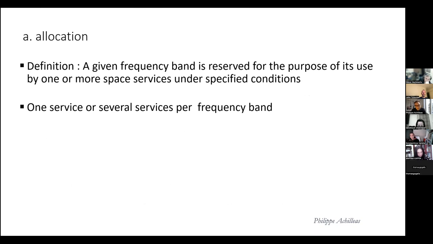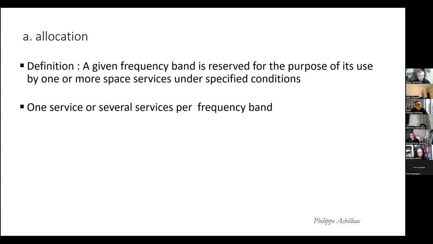At ITU, during international conferences, states decide how to share the frequencies among all services. The idea is to identify dedicated frequencies for dedicated services. So how? By dividing the spectrum into bands.